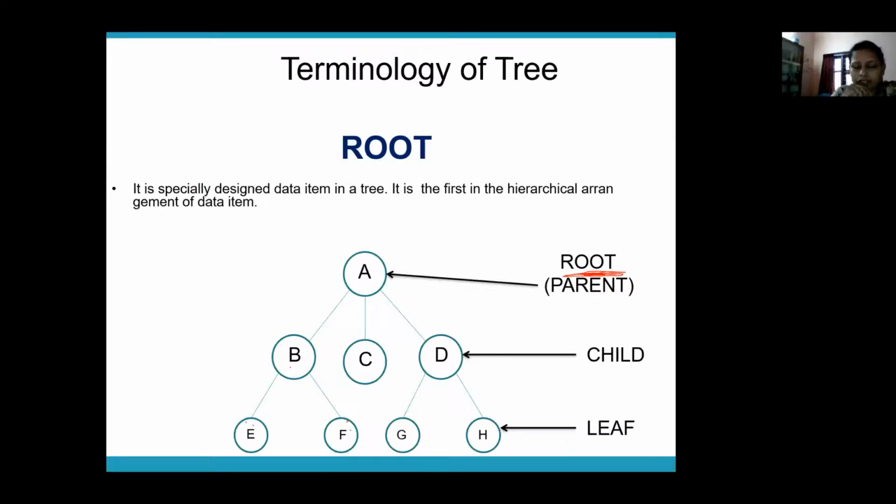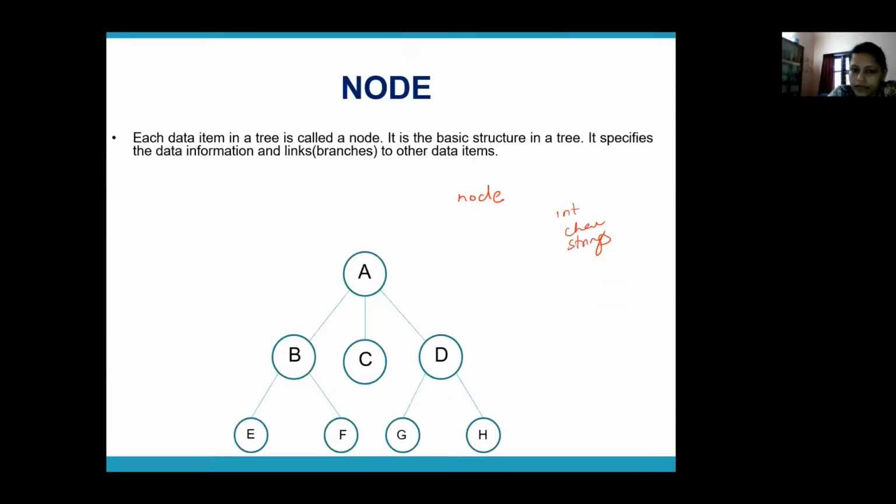For the examination, you may get a theoretical question with some of the terminologies listed and you will be asked to explain, okay? So this is one probable question also. So what are the terms that we discussed? Root, who is at the top of the hierarchy. Node, every element inside the tree is called a node. A node normally stores some information inside it.